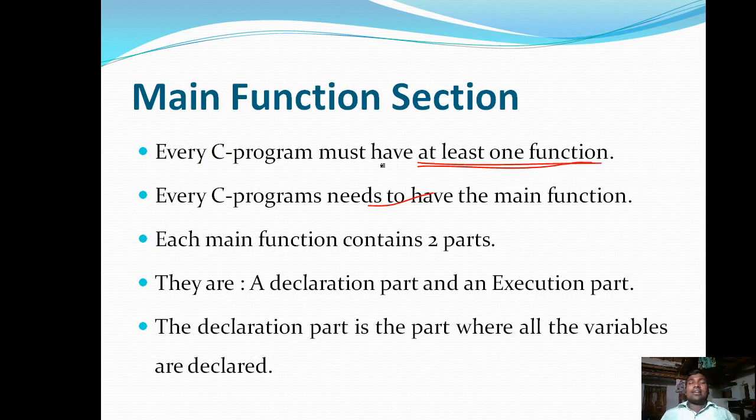For example, if your C program contains only one function, that is the main function. At least one means it contains either one or more than one function. If it contains one, that is obviously the main function. If it contains more than one, one of them is the main function.